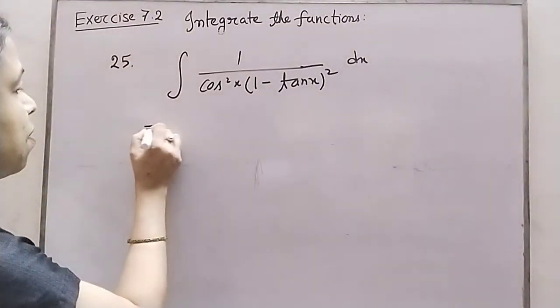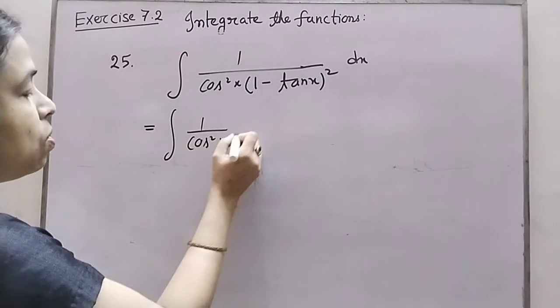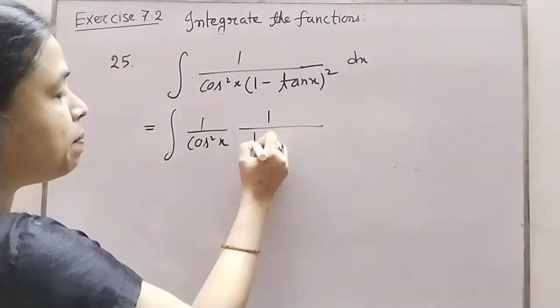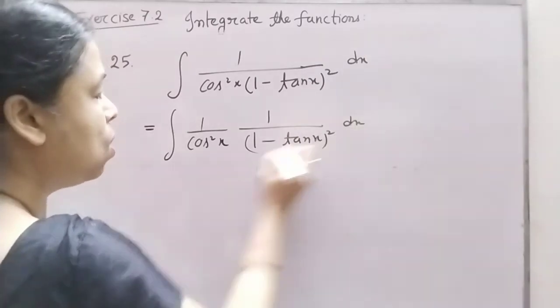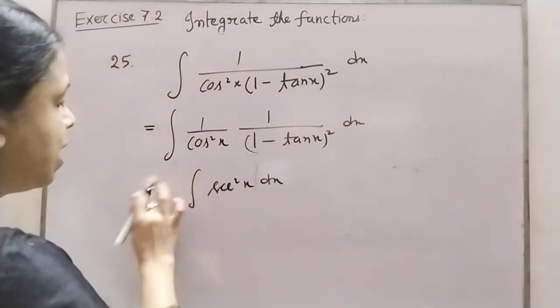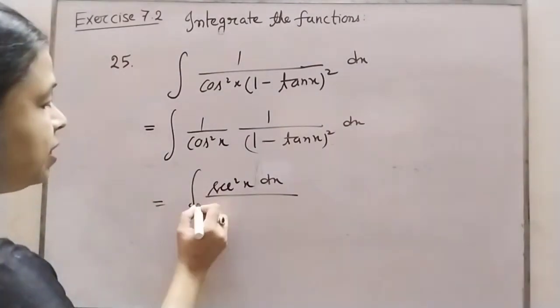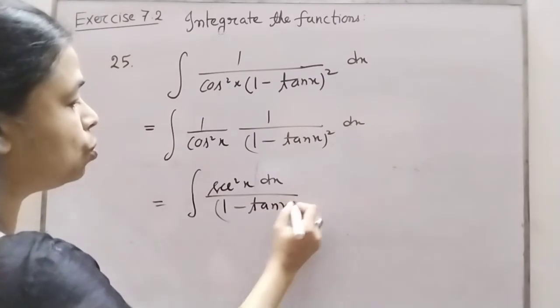So I can write it as 1 by cos square x into 1 by (1 minus tan x) whole square into dx, which can be written as sec square x dx divided by (1 minus tan x) whole square.